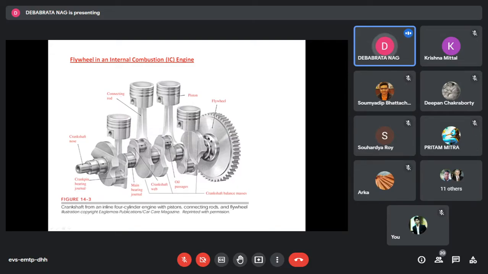So I'm not going to explain why these gear teeth are there on the surface of the flywheel. For the time being we are ignoring the geared feature of the flywheel. For us, this is the massive rotating body, and you see the geometry is a little bit different from the earlier rim type flywheel.